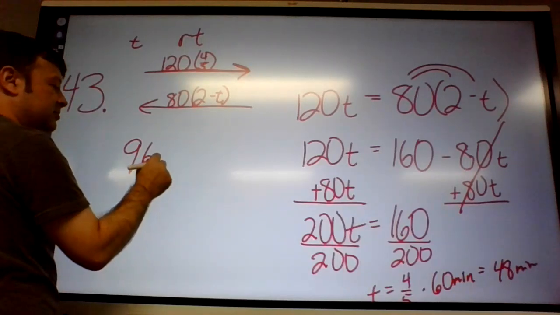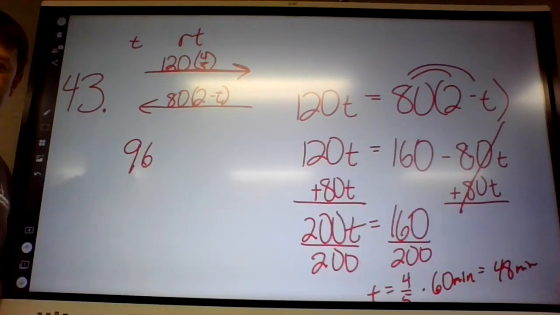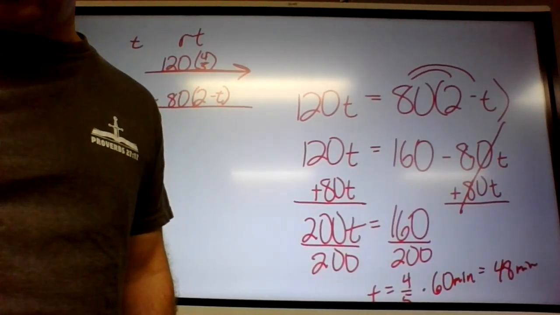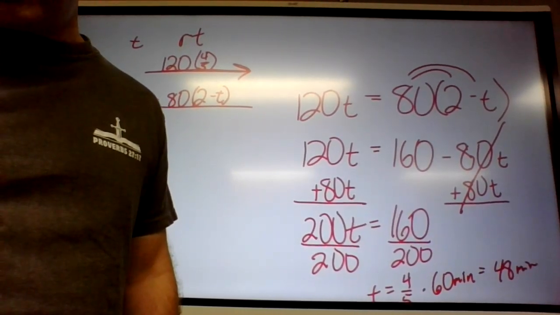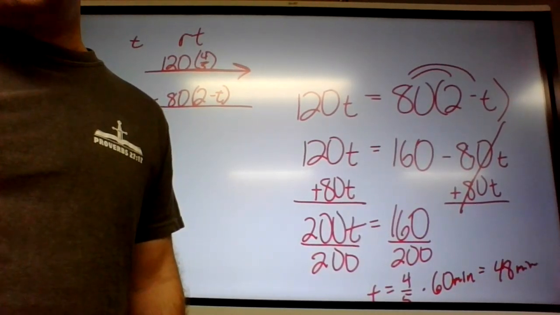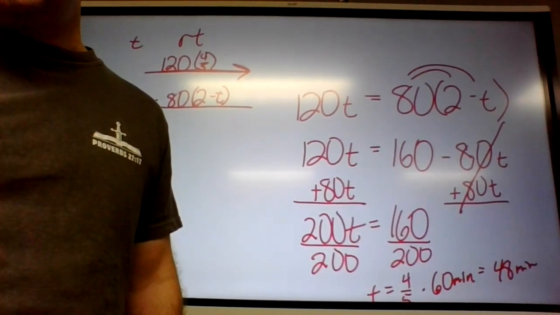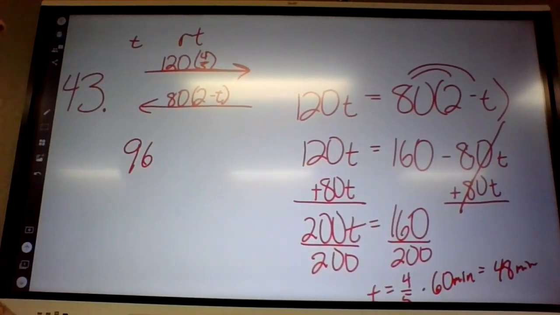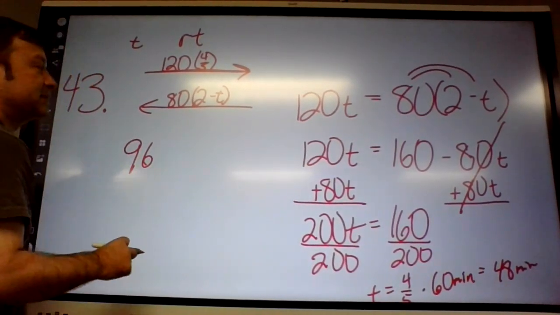Well, we're doing yards per minute, right? So it's 96 yards. No, that's too short. Forgot what it said. 120 yards a minute. Oh, gosh. It's 4/5 of an hour. Darn it.